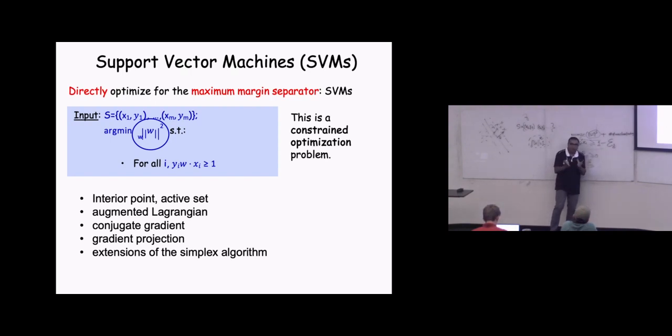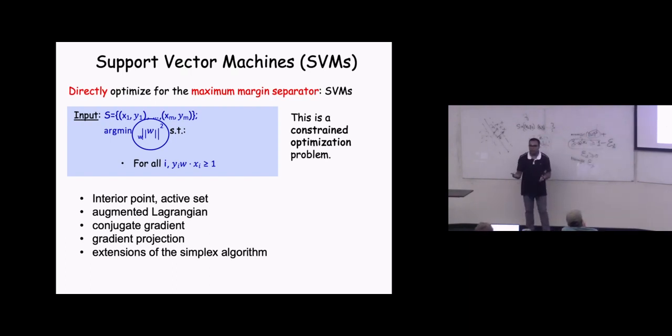There is no closed form solution. So instead of this number, we have this slack variable. These epsilon symbols are called slack variables, and we want to minimize each of these slack variables, because if all of them are 0, we are good. That's a perfect separation.